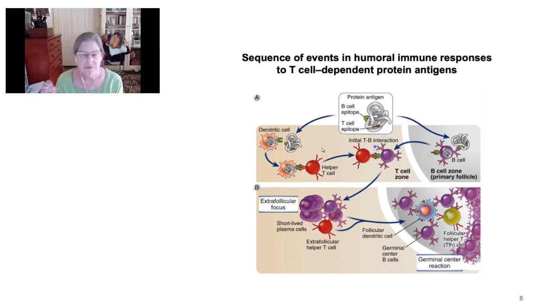So the B cell is an antigen presenting cell. There are 3 kinds of antigen presenting cells, which means they have class 2 MHC on them.